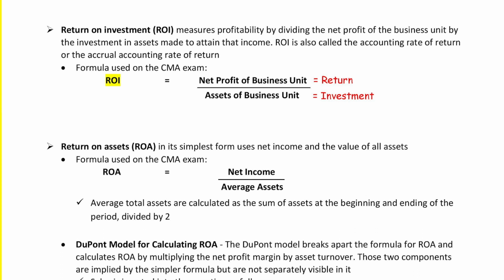Next, highlight ROA, return on assets. Looking at the formula, it says net income divided by average assets. The numerator, net income, equals return. On the denominator, circle assets. So we're looking at return, the numerator, on assets, the denominator.